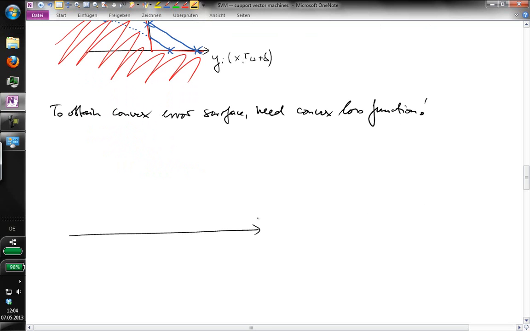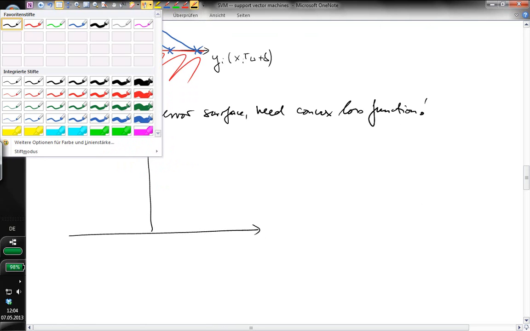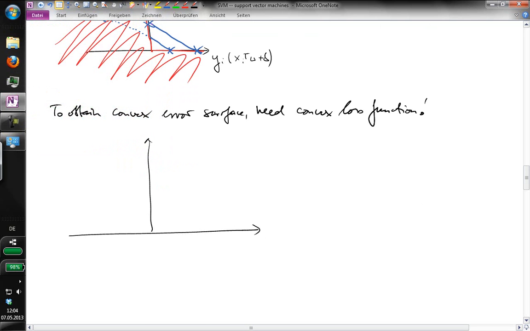Now there is an infinite number of conceivable convex functions. For example, one that is quite plausible, I'm running out of colors, let's take this one here. One that is quite plausible is this one here.